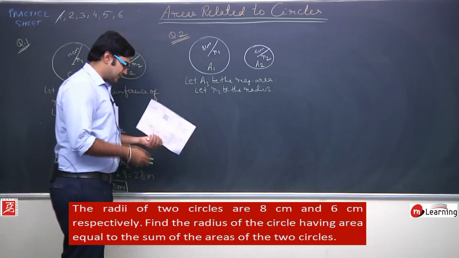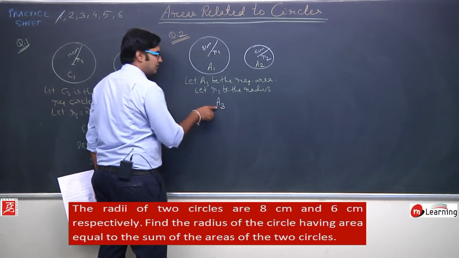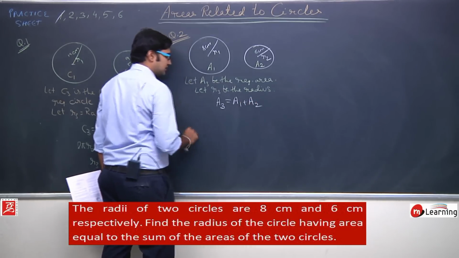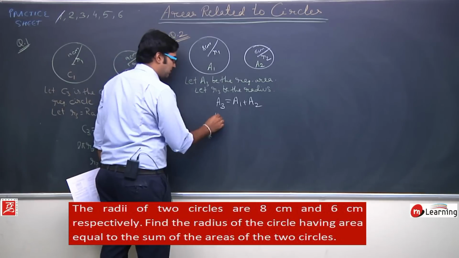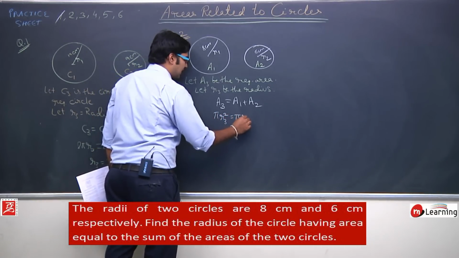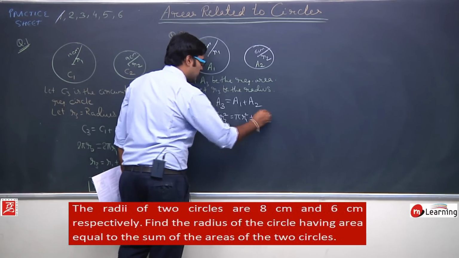So what I can write is, according to the given condition, the area of the required circle is equal to the sum of the areas of the two circles. What is A3? A3 is pi R3 square, which equals A1, pi R1 square, plus A2, pi R2 square.